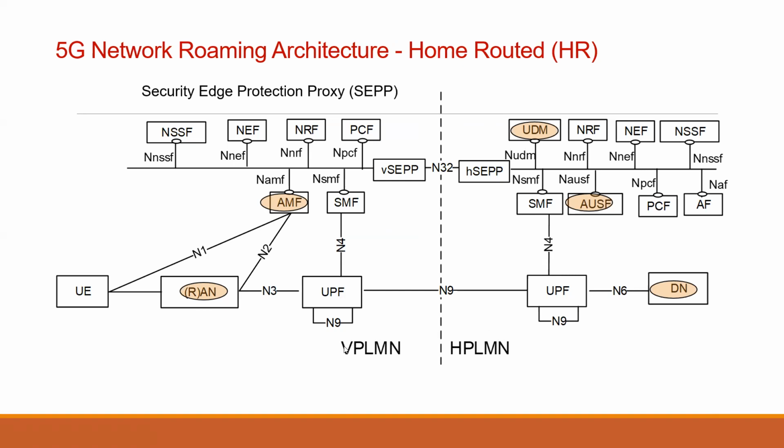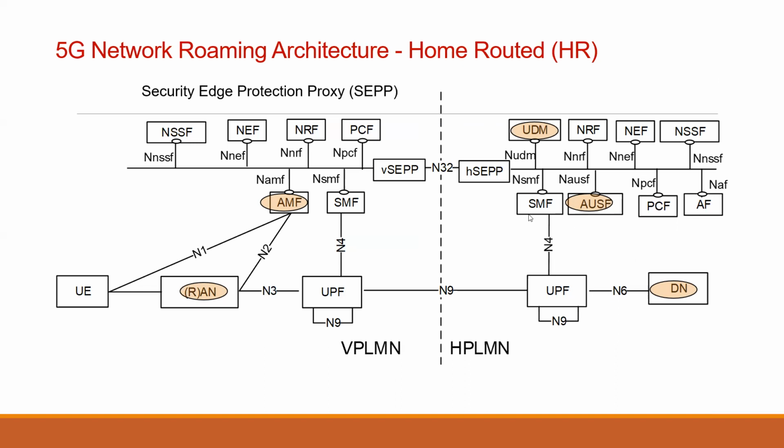So on the visitor side, the user is going to have the radio access network, which is obvious. And then the user will be using the AMF of that specific visitor roaming partner as well. On the home PLMN side, the user is going to use the UDM, the AUSF, and the data network.